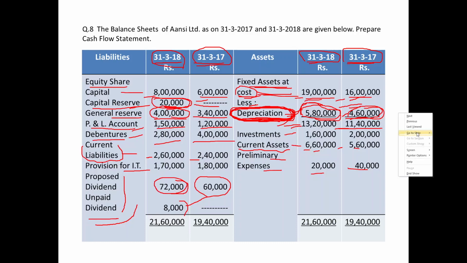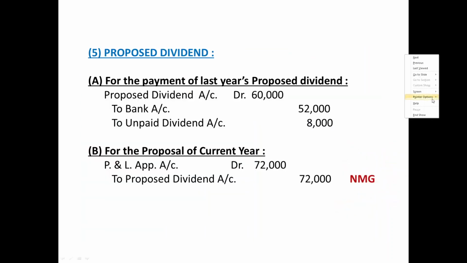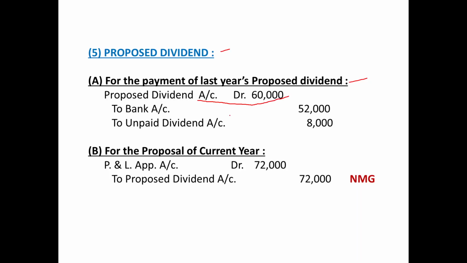Working note for proposed dividend. Have a look. Number 5. For the payment of last year's proposed dividend, proposed dividend account debited 60,000. Last year this was proposed, and payment has been made this year. But how much has been paid? To bank account credited 50,000. To unpaid dividend account credited 8,000, because still 8,000 is unpaid.